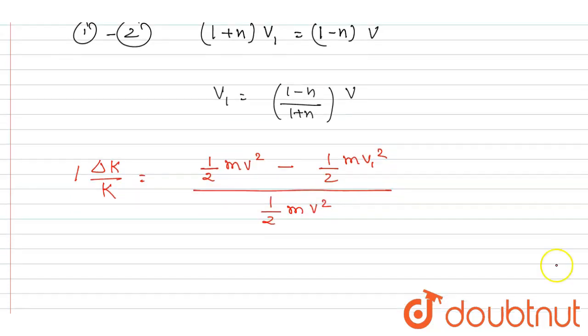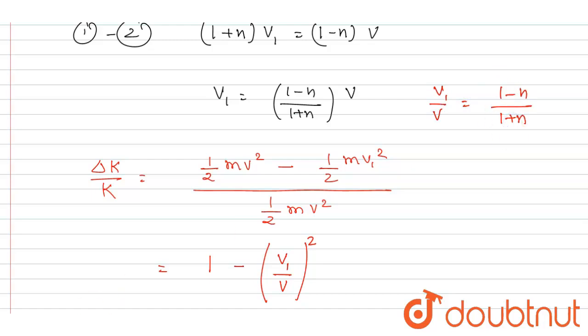If you divide them, the fractional loss is equal to 1 minus, the half m will get cancelled out, so I will write (v1 by v) whole square basically. So v1 by v you could already see is (1 minus n) by (1 plus n), right?